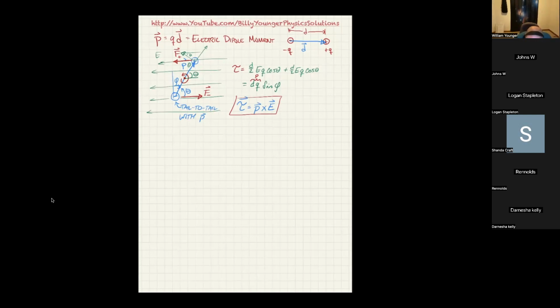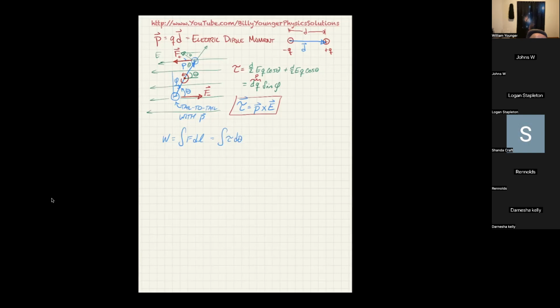If you also take work is equal to the integral of F dl, you could also call that the integral of tau d theta.